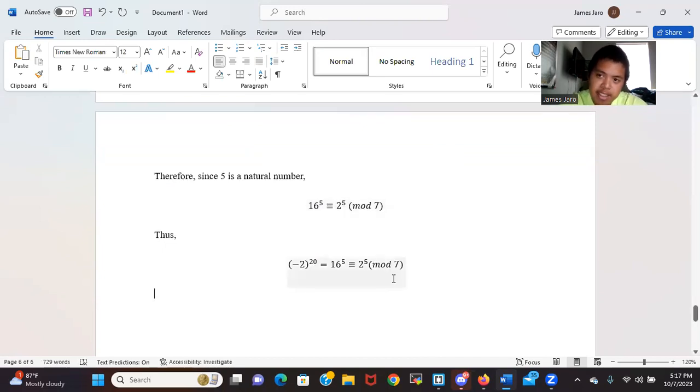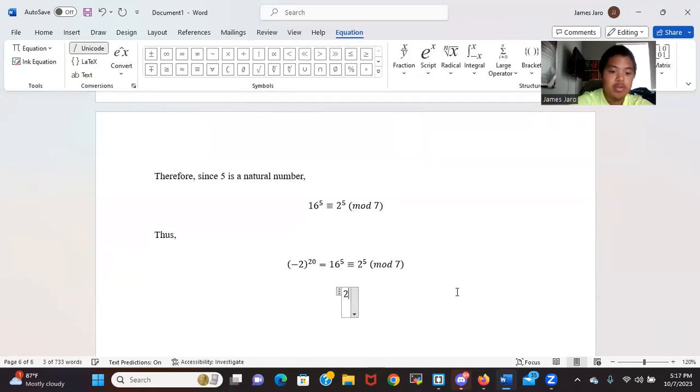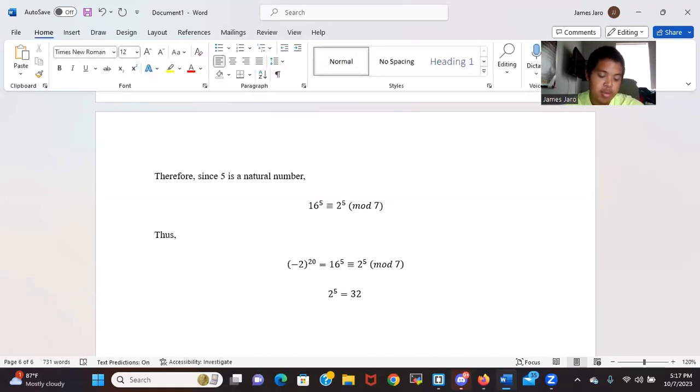So we have this. Now, 2 to the 5th is just 32, because that's just 2 to the 4th times 2, which is just 16 times 2, and that's 32.